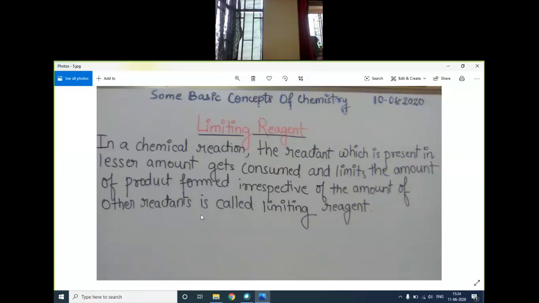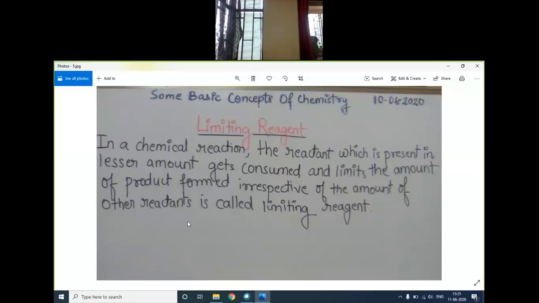For example, if 100 ml of H2 is reacting with 50 ml of O2 to produce 100 ml of H2O, then the reactant which is present in lesser amount will get consumed after a short time.